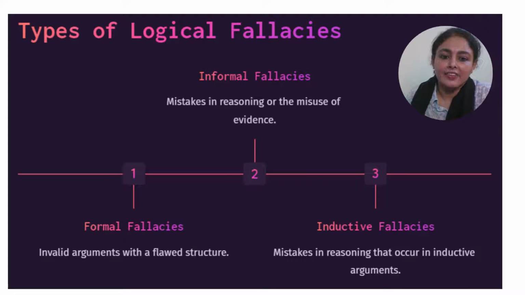Then the inductive fallacies, mistakes in reasoning that occur in inductive arguments, like you have done the research but that research is not complete, or has loopholes, or your evidence is not complete, and on the basis of that evidence you come to a hasty generalization.